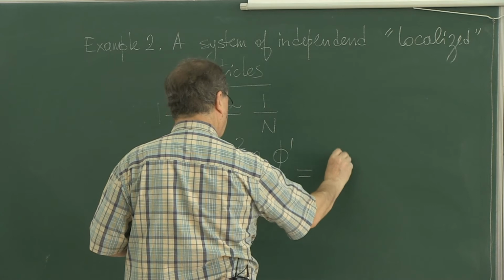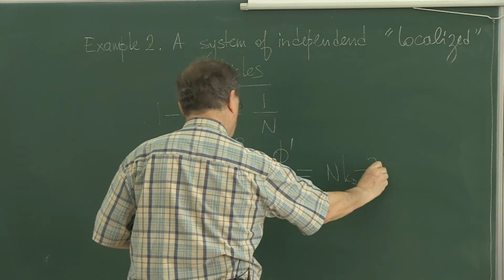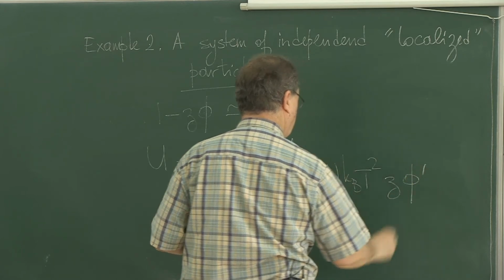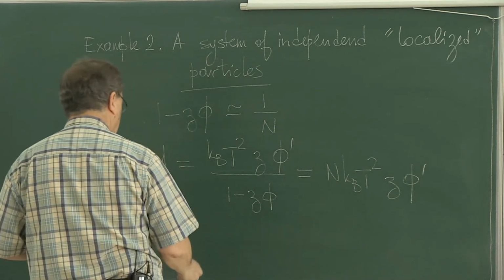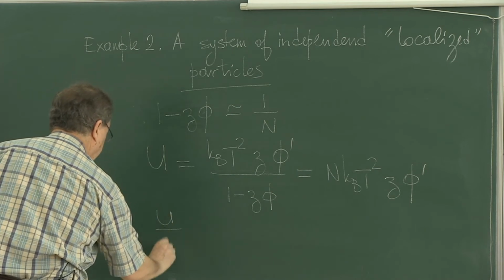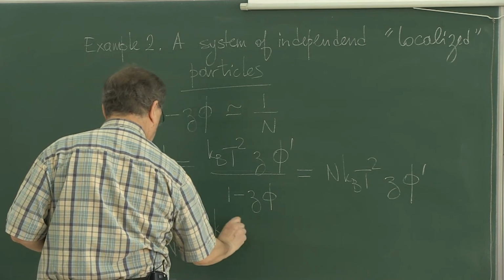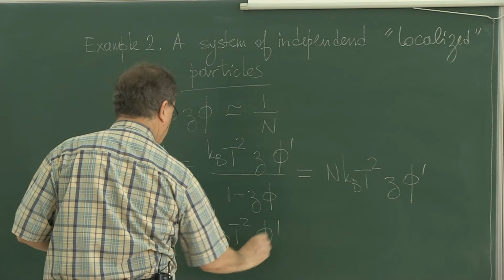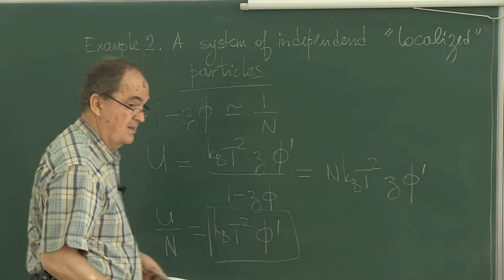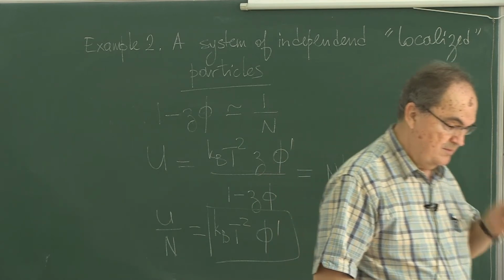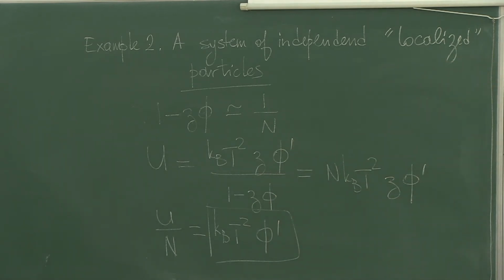And that becomes n kB T squared times z times derivative of phi. That's the simplified expression for energy per particle, then becomes kB T squared phi prime. You cannot go any simpler than that, isn't it?